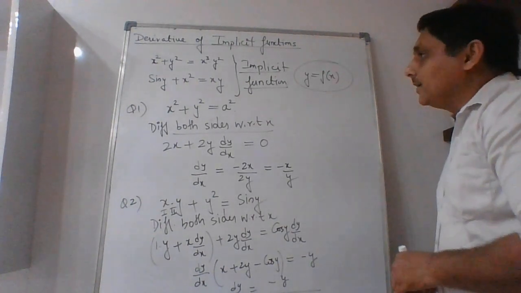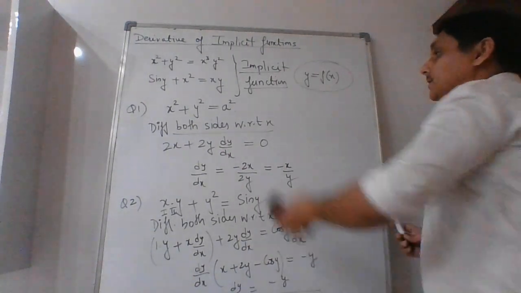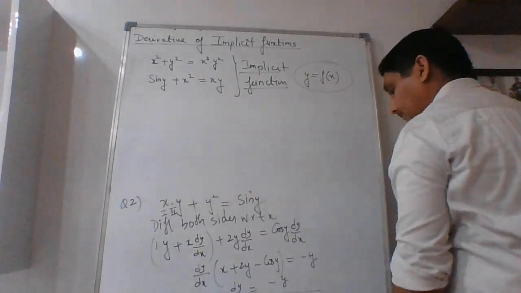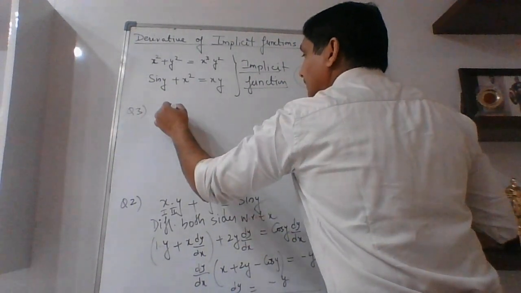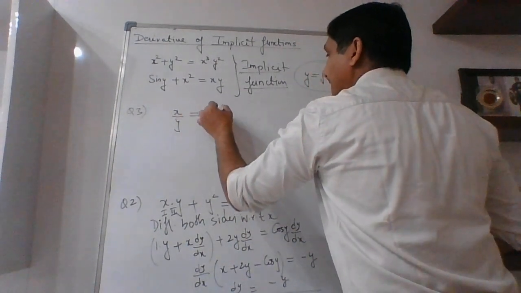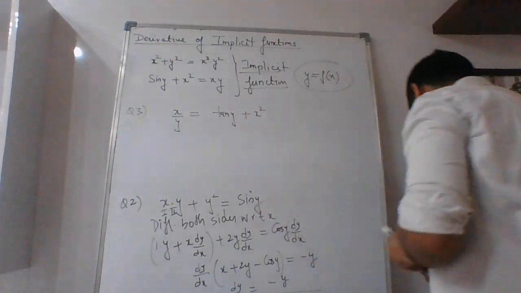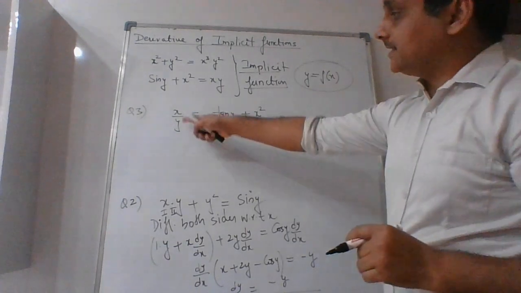Okay, now let me give you some other example. So you can write down this one. This is another example. Now here we can see that this is x upon y.